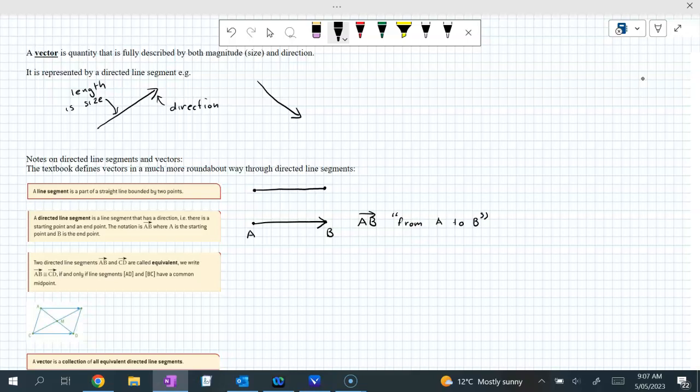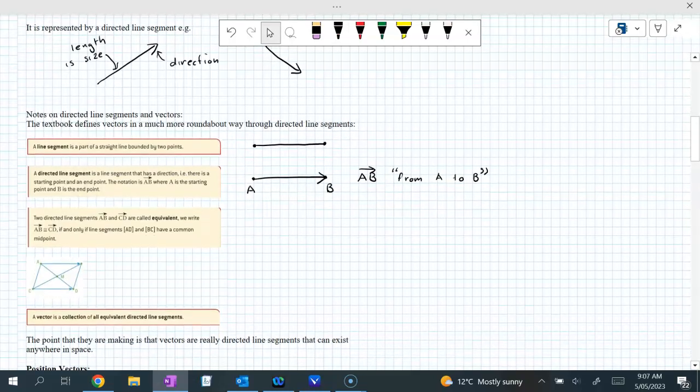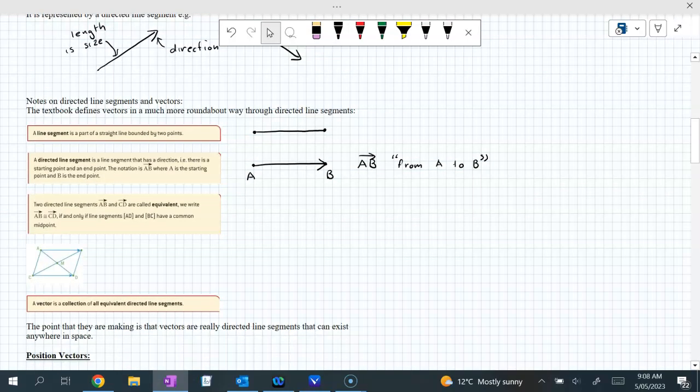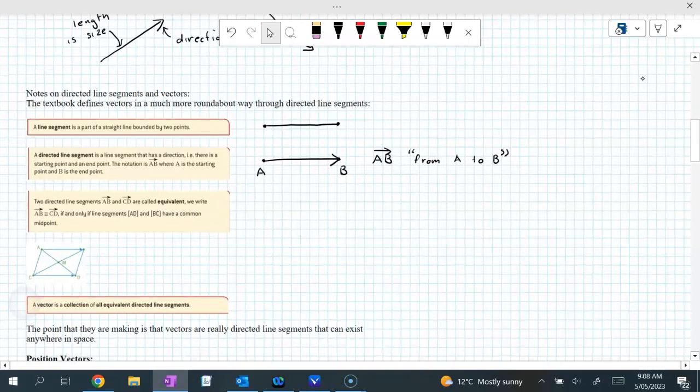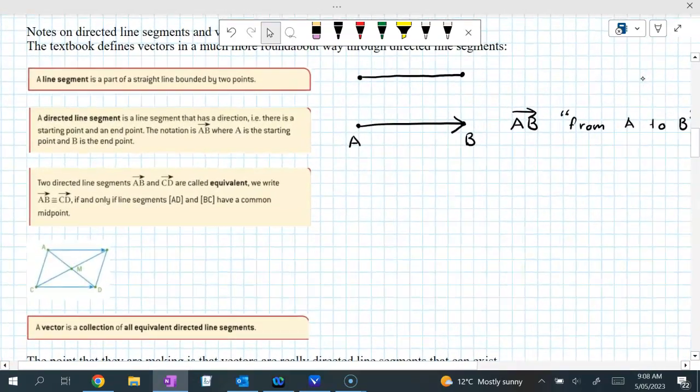Now, they then say that two directed line segments, AB and CD, are called equivalent. And they've got a symbol there for equivalent. But what they're saying is that that's only true if and only if the line segments AD and BC have a common midpoint. Now, AD is from the start of AB to the end of CD. So it's this line along here.